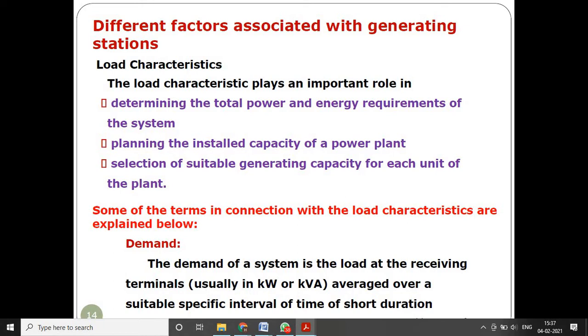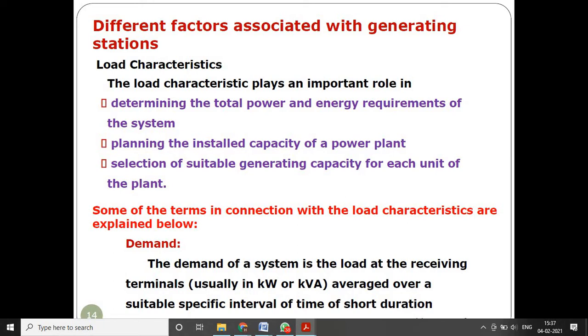Okay. Now next are some of the terms which are related to load characteristics, that will be discussed here. So the first term is demand. What do you mean by demand?